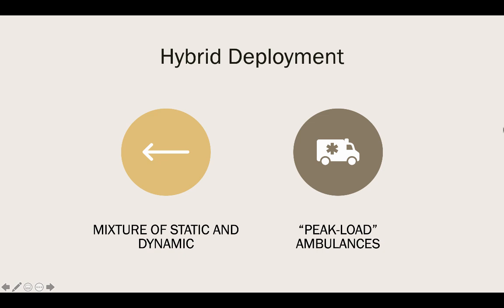Now we said that our deployment came in two flavors, dynamic and static, but there is a hybrid form. If we combine the two flavors, we get this mixture of static deployment and dynamic deployment, typically known as peak load ambulances. So I've got a number of ambulance units that have fixed stations, and they respond back and forth to those stations. They're set there.